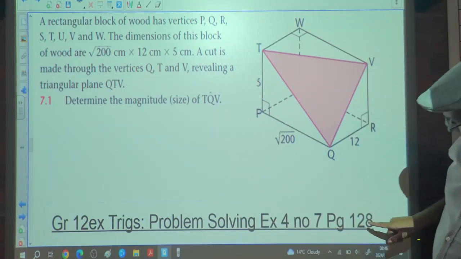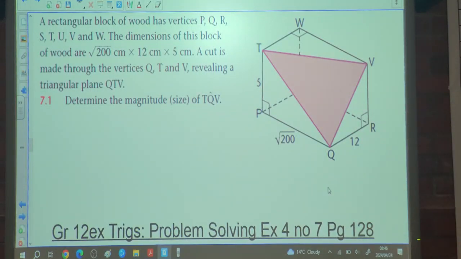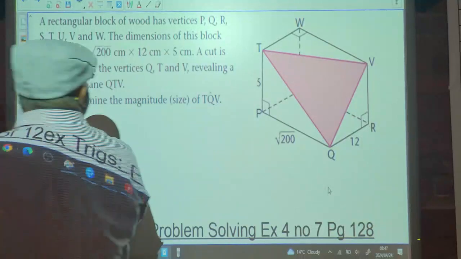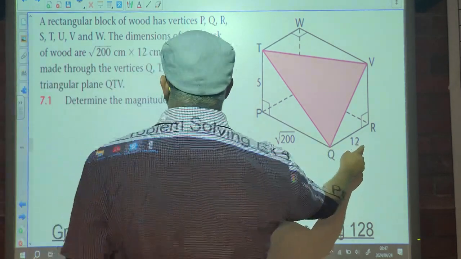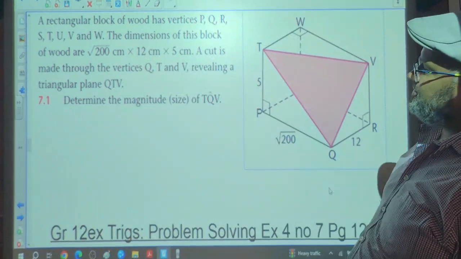People, we are told a rectangular block of wood has vertices P, Q, R, S, T, U, V and W. The dimensions of this block of wood are root of 200 centimeters, 12 and 5 centimeters respectively.